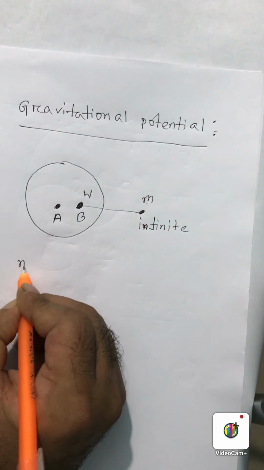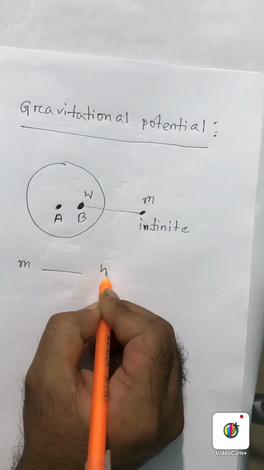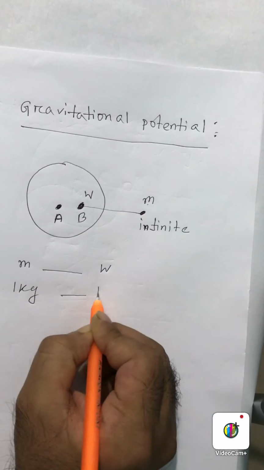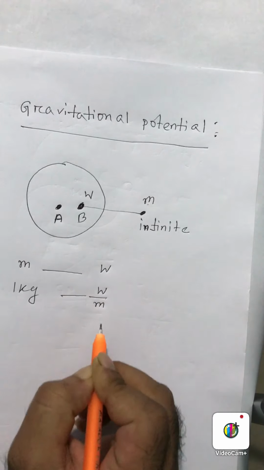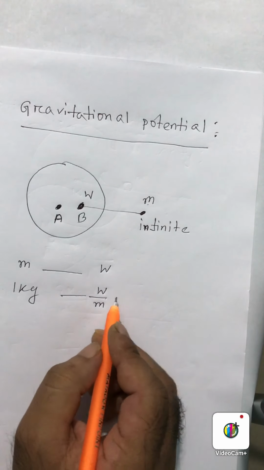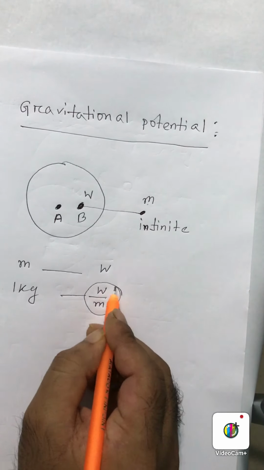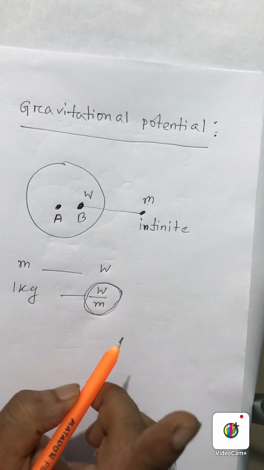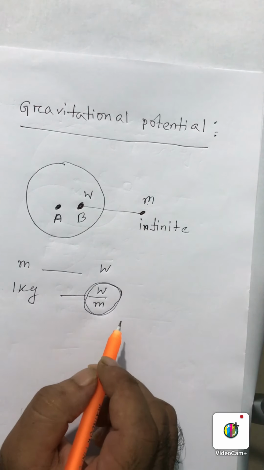So for m kg mass, work done is W. For 1 kg mass, work done is W divided by small m. This work done represents the amount of work for 1 kg mass or 1 unit mass.